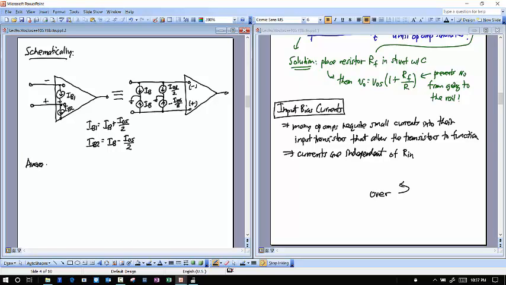So we have an average, or what's called a common mode value.